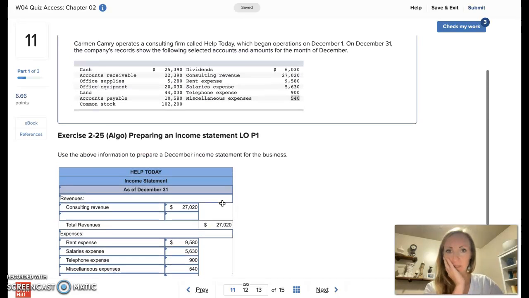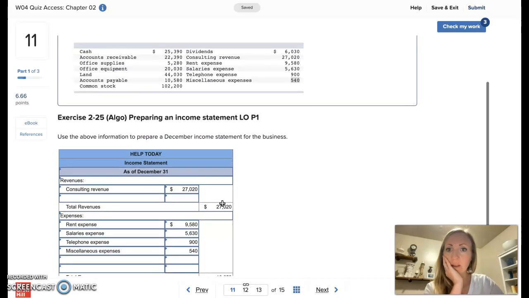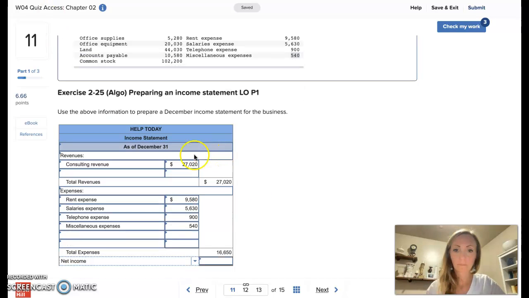I feel like I'm missing something. Okay, we're going to make sure we tally that up here. $27,020 minus $16,650. $10,370 is our net income.